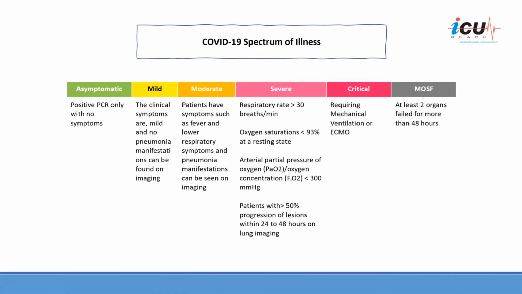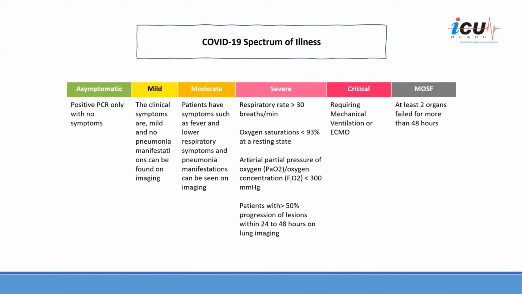In addition, progression of radiological manifestations with an increase in the infiltrates, more than 50% on lung imaging within 24 to 48 hours. In the early studies in China, they were doing a lot of CT scans, so they were able to define progression.